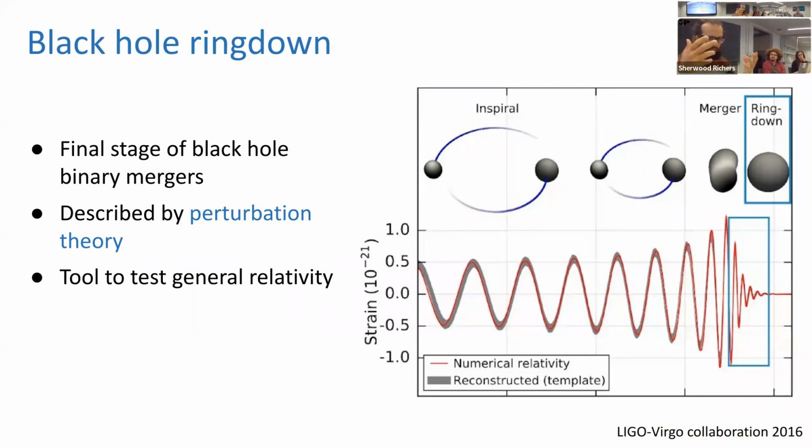This is interesting because perturbation theory in general relativity tells us that this signal is determined only by the mass and the spin of the black hole. So if you find some divergence from this hypothesis, you're actually challenging the no-hair theorem, which is one of the fundamental results of general relativity.